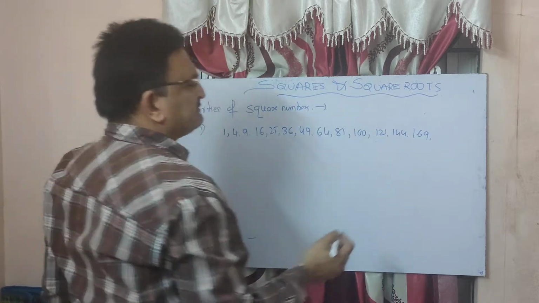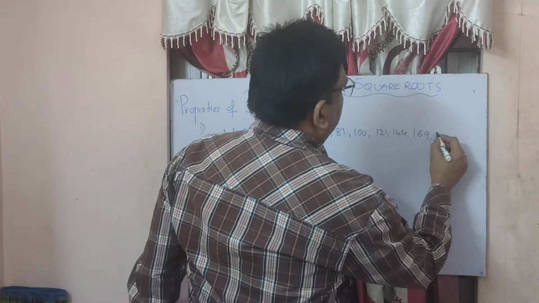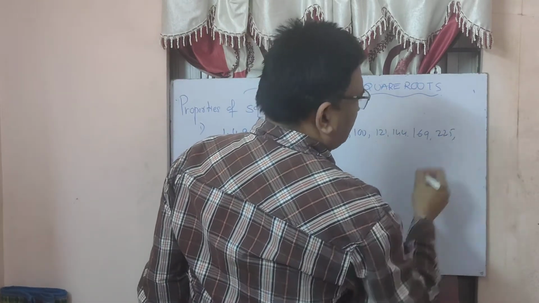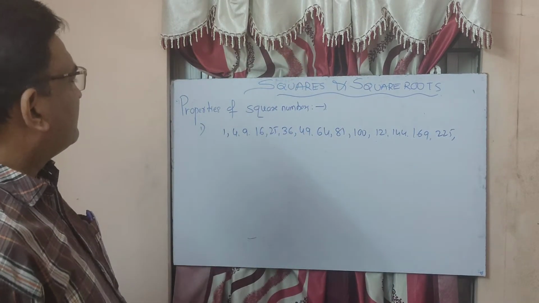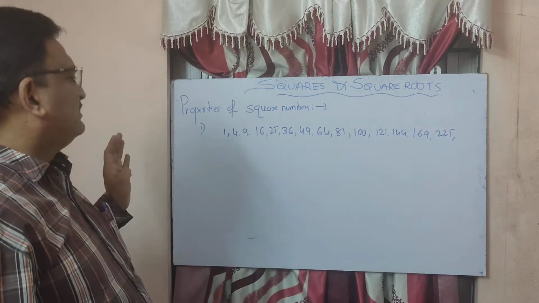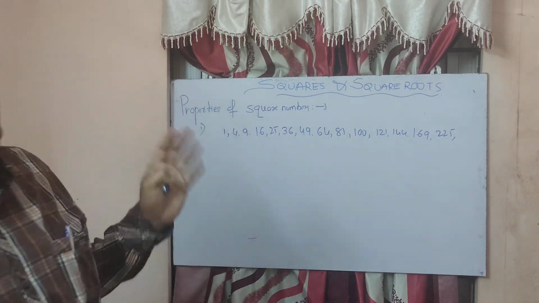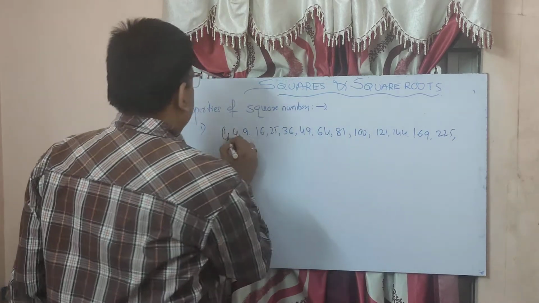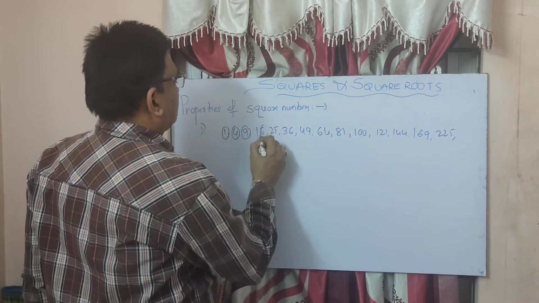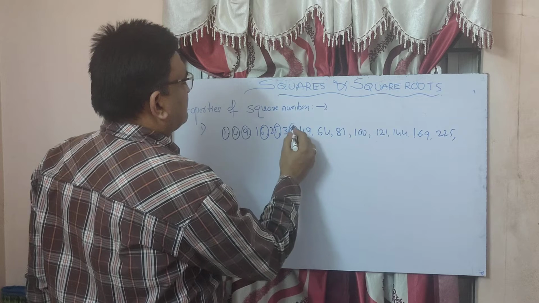So you can write as many numbers, okay? 225, like that. You can write as many numbers. So by looking at these numbers, just look at the unit numbers. Unit means last numbers. Just look at the last numbers.